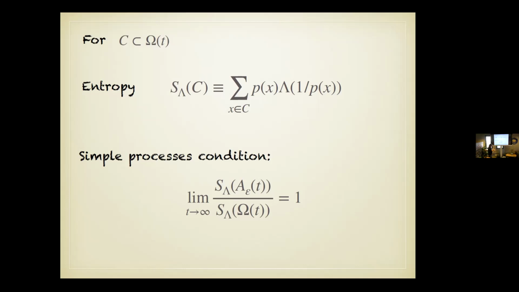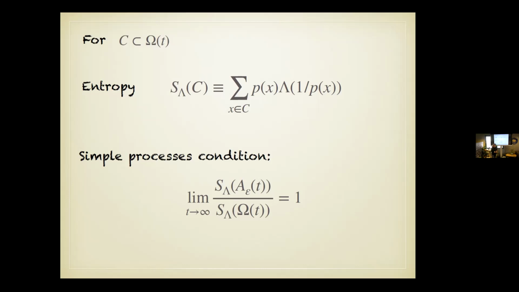Intuitively, we say almost all relevant paths are in the typical set, and therefore one should believe that this always holds: that the limit of the lambda entropy of the typical set divided by the lambda entropy of the entire sample space should go to 1.